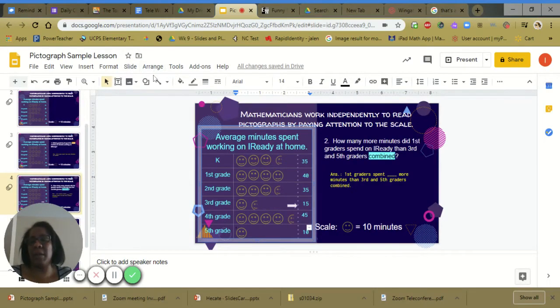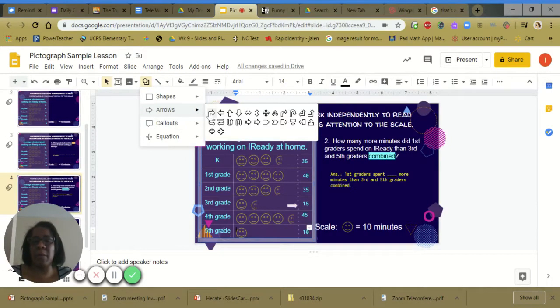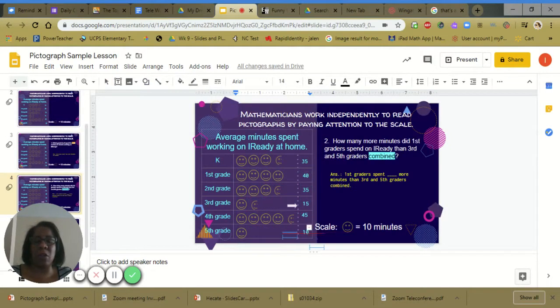I said a star, but I put an arrow. That's okay, it doesn't matter. But the key here is that I'm documenting what I'm looking at. So I need the combined amount of fifth grade and third grade.